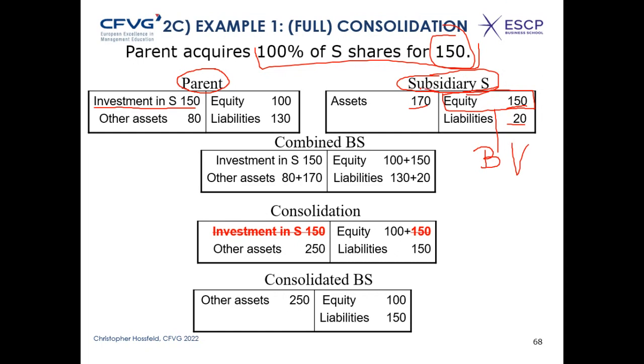Well, it's all the assets that this company owns minus liabilities. Well, remember in my basic balance sheet equation, assets minus liabilities equal equity. So equity is the book value of the company. That means here in this first case, we assume that the acquisition was done at book value.